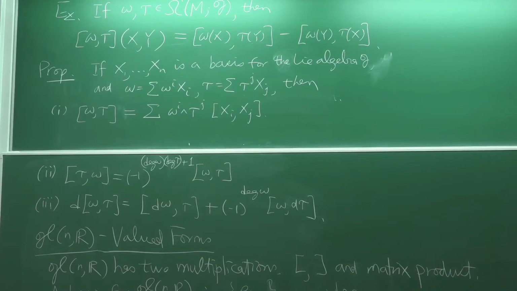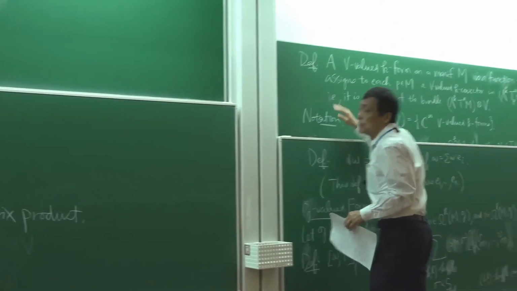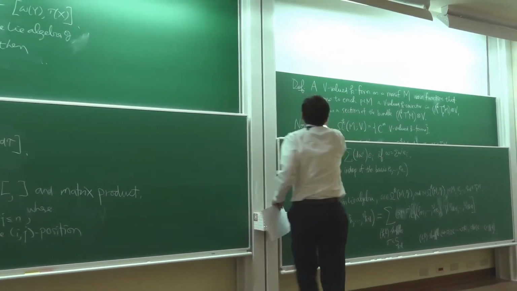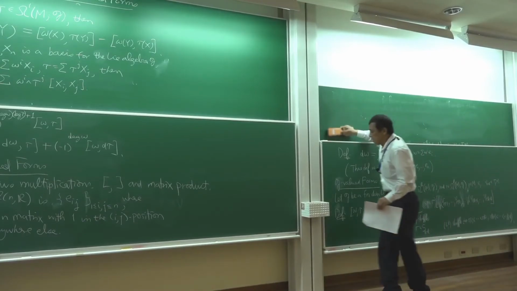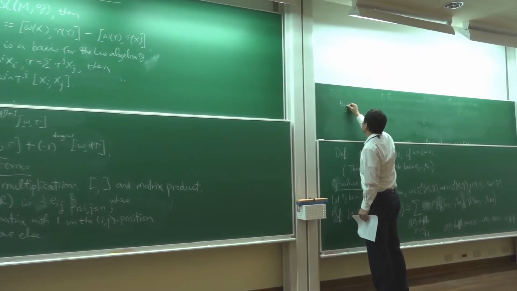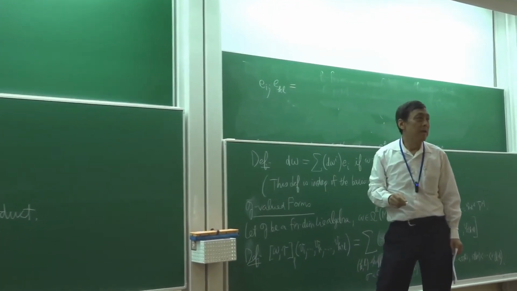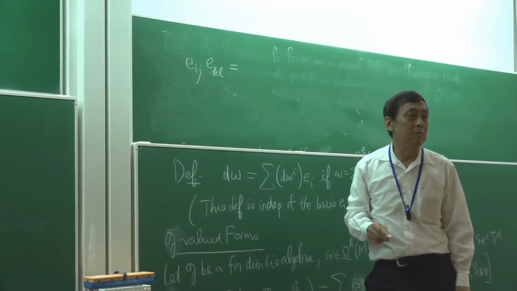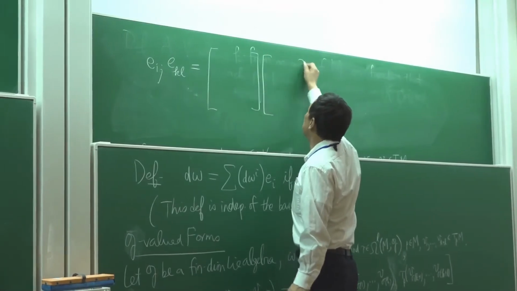Now, if you know how to multiply these E_ij, then you can multiply any two matrices. So let's say you want to multiply E_ij times E_kl. What do you get? You have two matrices.